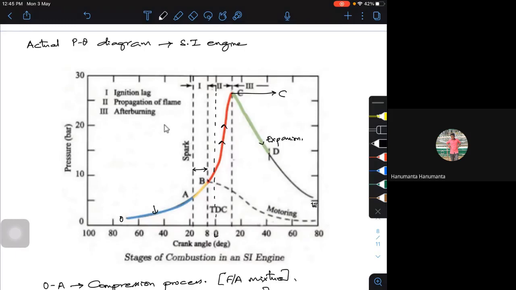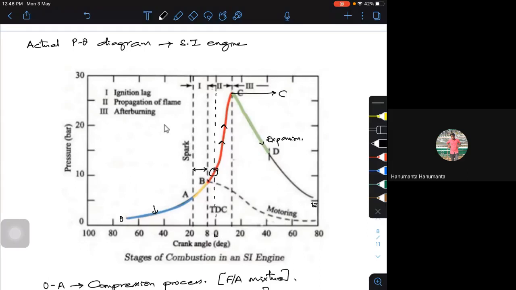But sometimes what will happen? A small part of this particular flame, somewhere here, because of the previous combustion temperature itself, maybe in SI engine, we call it some kind of hot spot.